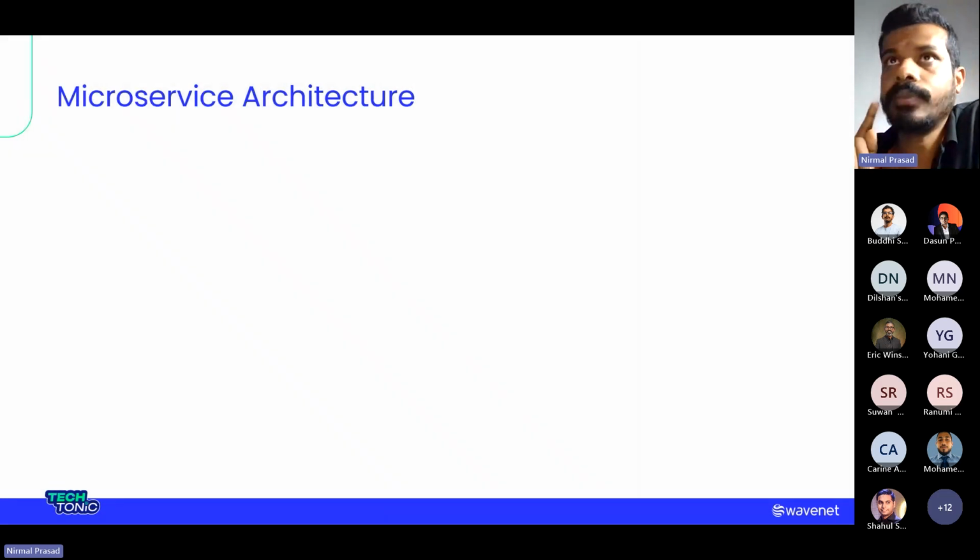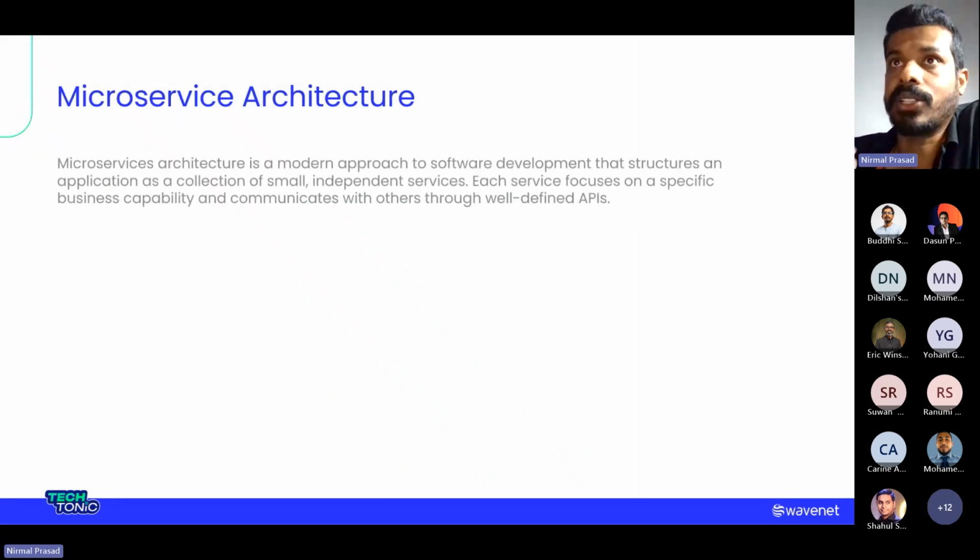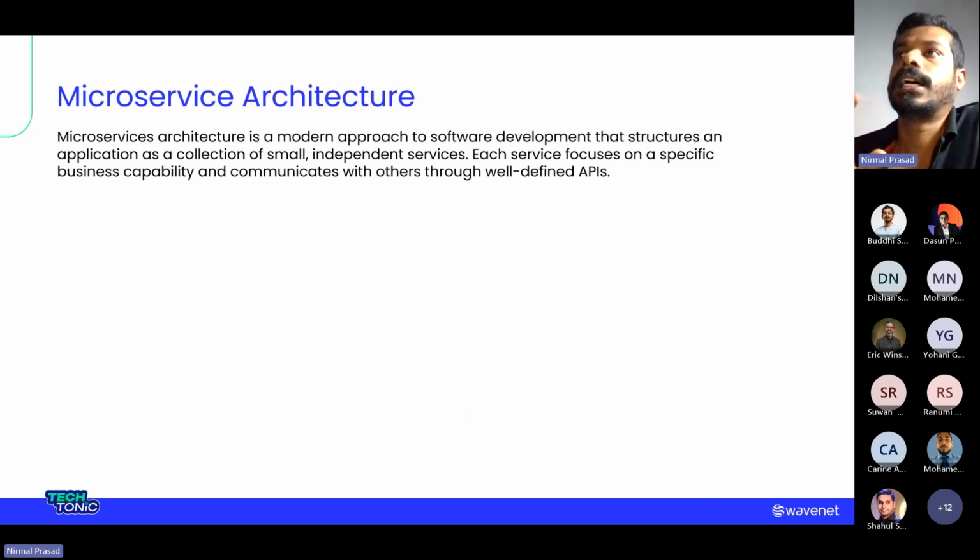Okay, then microservice architecture. Microservice architecture is similar to service-oriented architecture. Service-oriented architecture also treats an application as a collection of small independent services. Microservices are the same, but there are some improvements.